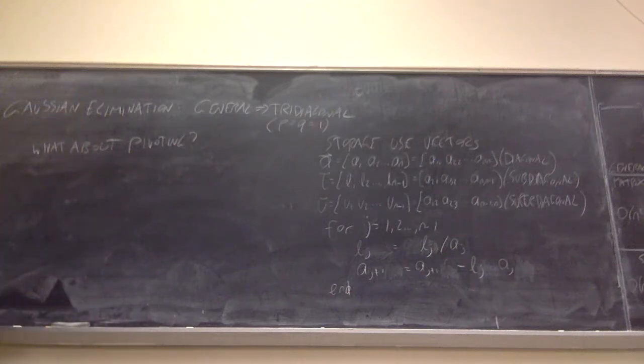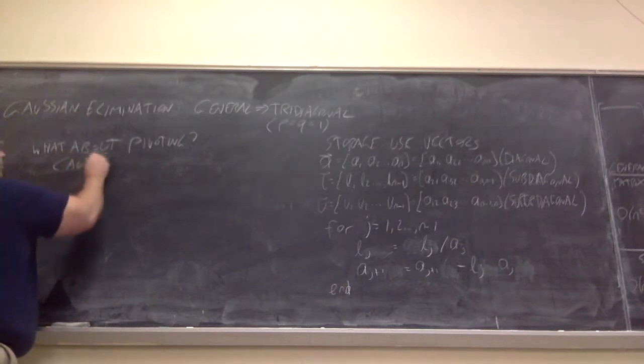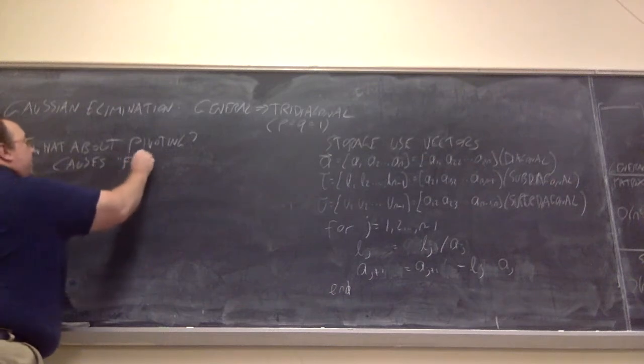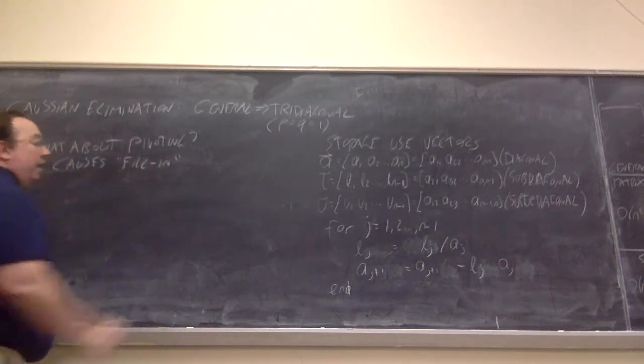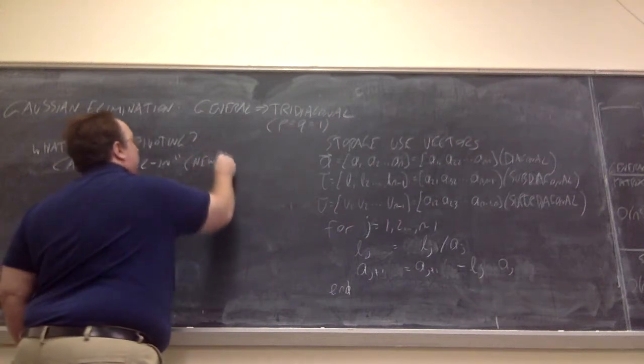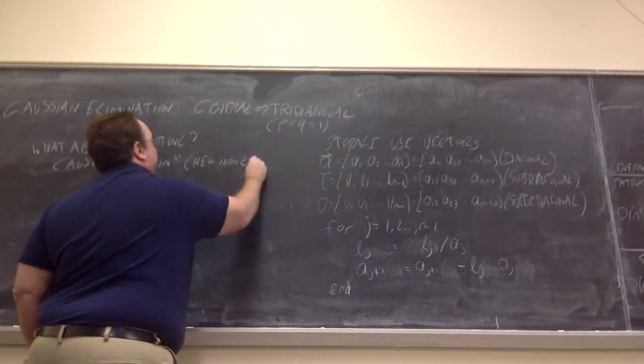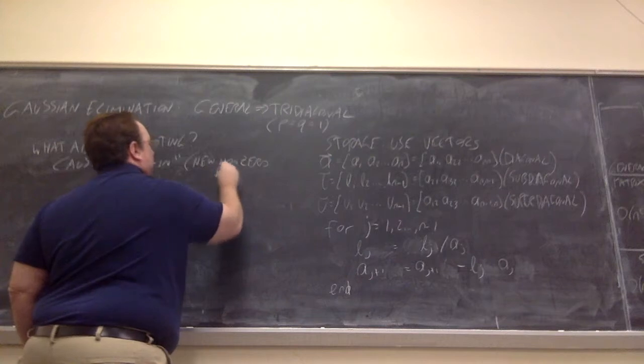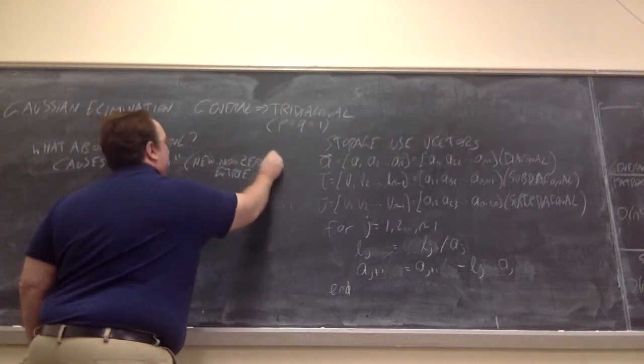Row interchanges for a banded matrix can destroy the sparsity of the matrix. Sparsity meaning how many entries are zero. In other words, it causes what's known as fill-in. And by fill-in, I mean new non-zero entries outside the band.